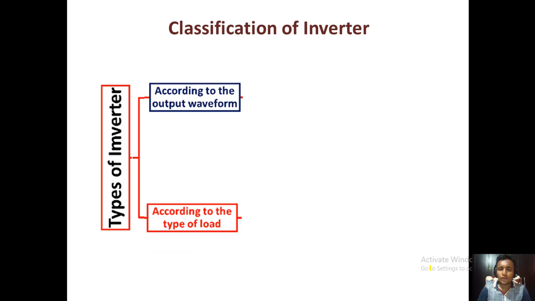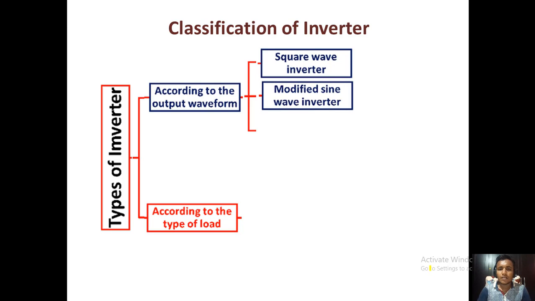According to the output waveform, it can be classified in three manners. First, a square wave inverter. Second, a modified sine wave inverter. Modified sine wave means what? A quasi-square or a PWM wave, that is a modified sine wave inverter.